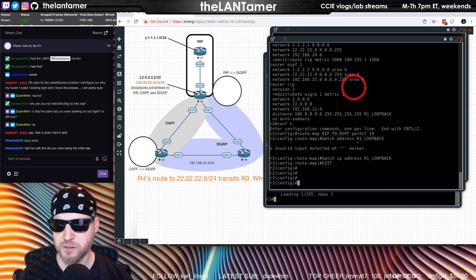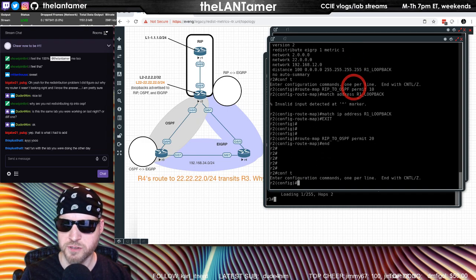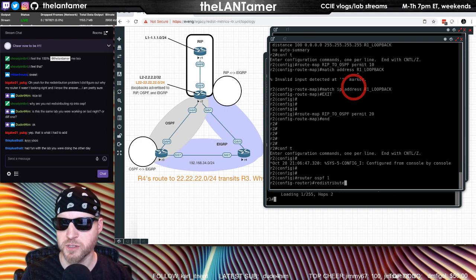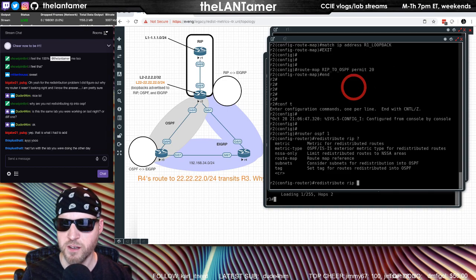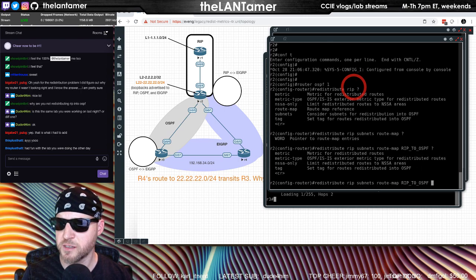And let's do, then we're going to go to router OSPF 1, redistribute rip, route map, or subnets, and route map rip to OSPF.